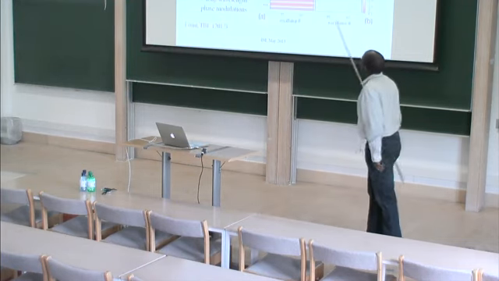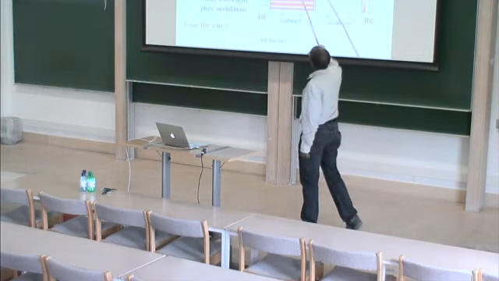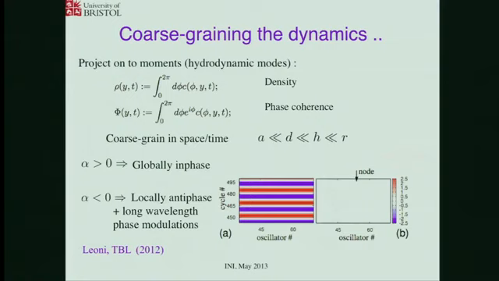We can do the same thing: project onto the moments, and obtain a density field, and a phase, which would be the average, the local phase of the objects.